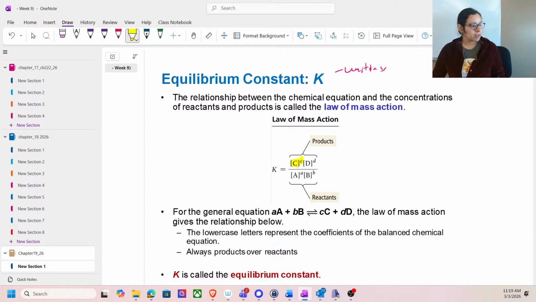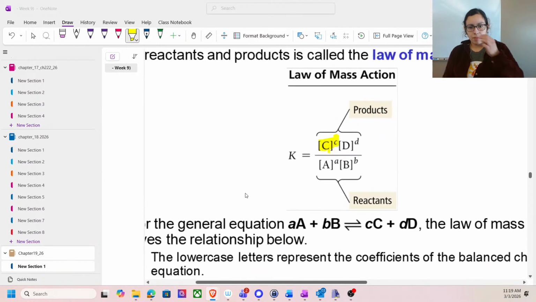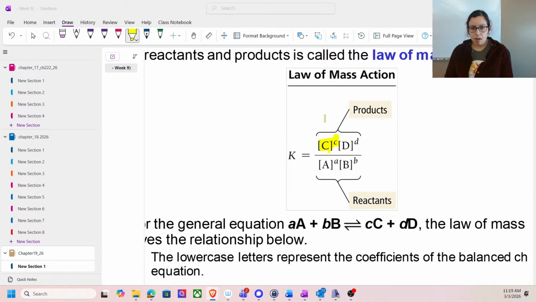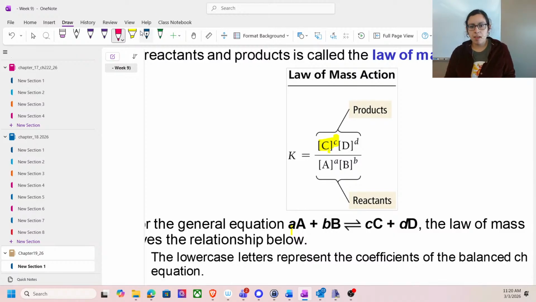So just take a second to take in the formula. So again, our exponent just corresponds with our balanced equation. And again, it's products over reactants. And then the concentration will generally be given in molarity.